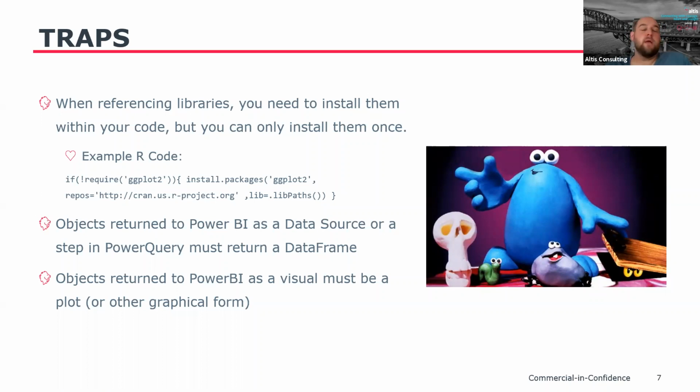But only one plot can be returned. So if you want to have two graphs showing in the one visual, then you'll have to do that within ggplot2 or matplotlib itself. It has options to have multiple charts within the one plot. So that's just a step to be a bit careful of.